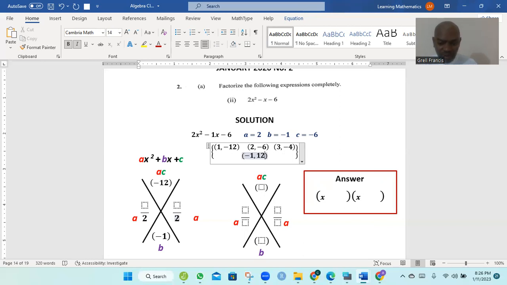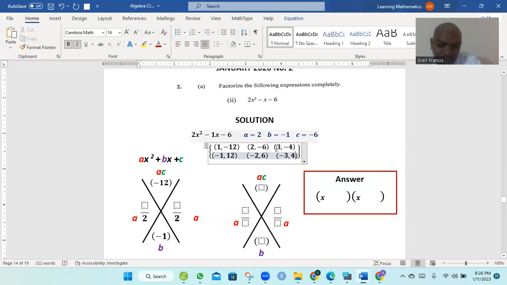When you multiply -1 and 12, you're supposed to get -12. -2 and 6. As you can see, the sequence has changed. Right now we make the 2 the negative and 6 positive. -2 times 6 becomes -3 and 4. Okay, so as you can see, we have identified 6 pairs.